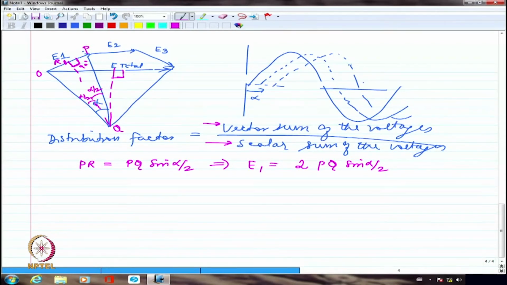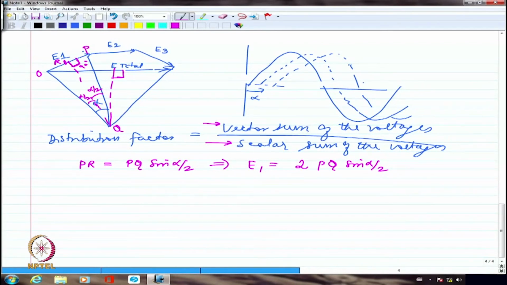I understand that this is not exactly equivalent to the radius, but assuming that it's a big circle, it is not going to make so much of a difference between the radius and this length.